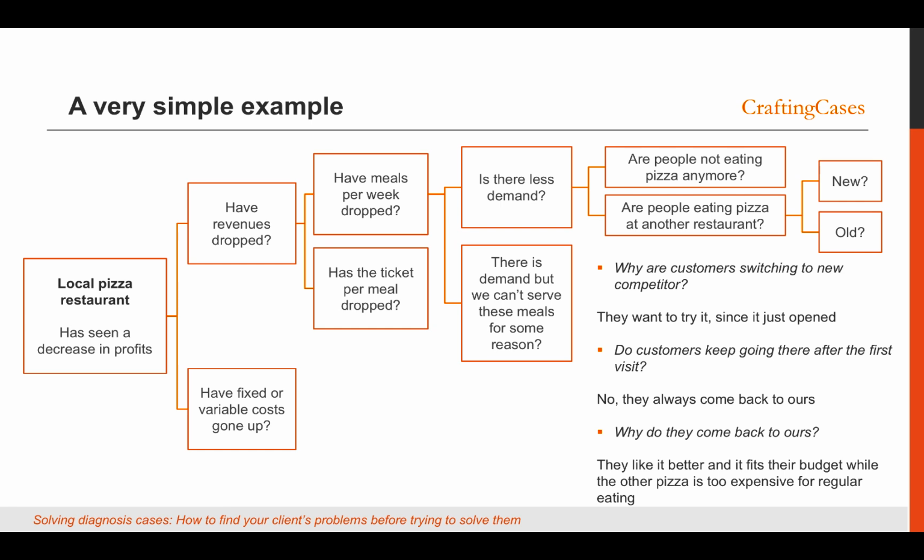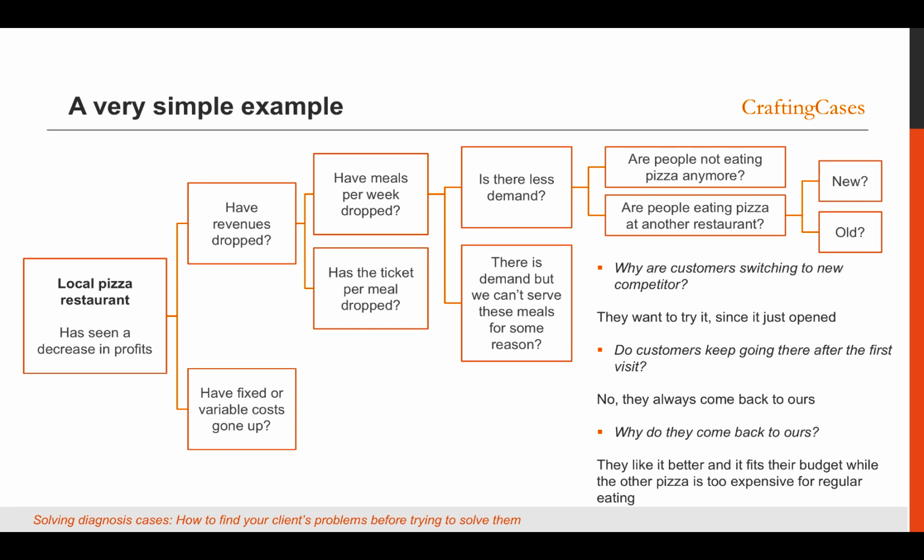Okay, so my conclusion here, what I would tell the interviewer is, okay, I think I know what's going on. I think this client, this local pizza restaurant, had a short-term profit decrease because of a new competitor that got their customers' business. But I think this local pizza restaurant doesn't need to worry too much. Their profits are likely to return to normality because their pizza is better and cheaper in their customers' eyes.